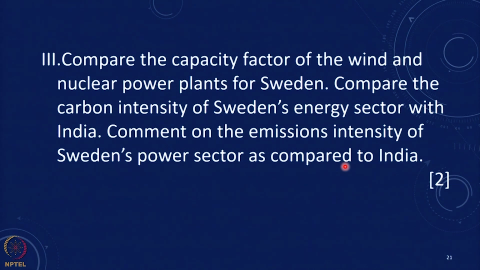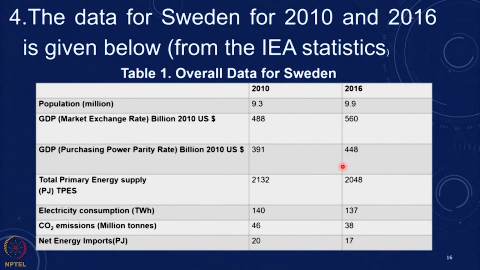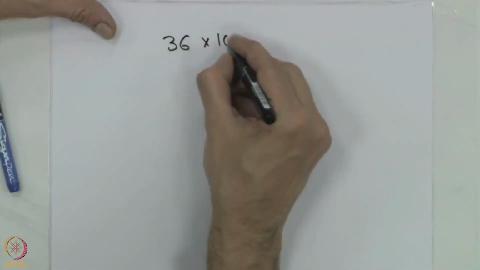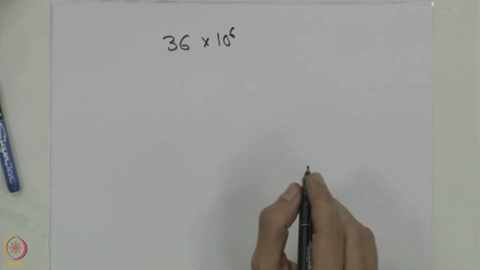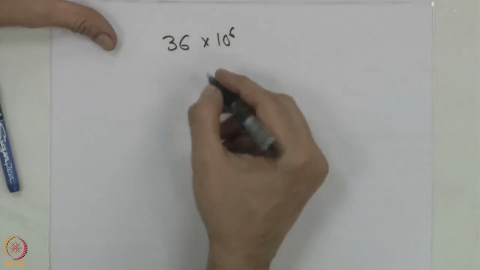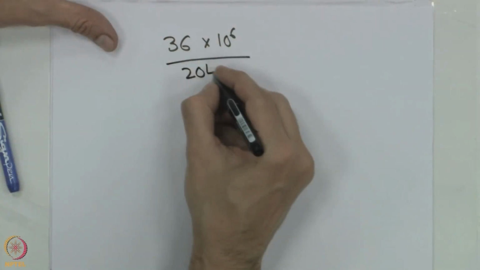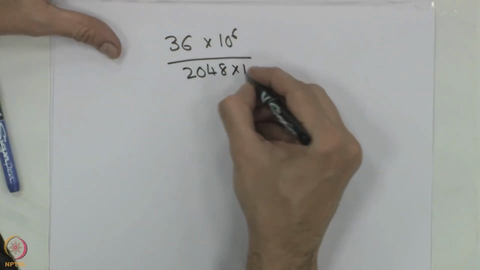We have the total CO2 emissions for 2016, which is 36 million tons, and we are doing it per unit of primary energy, so divided by 2048 primary energy, in petajoules, which is 10 raised to 15.